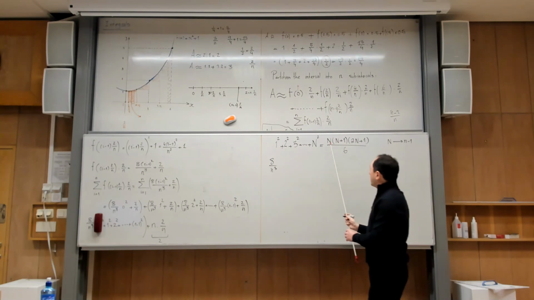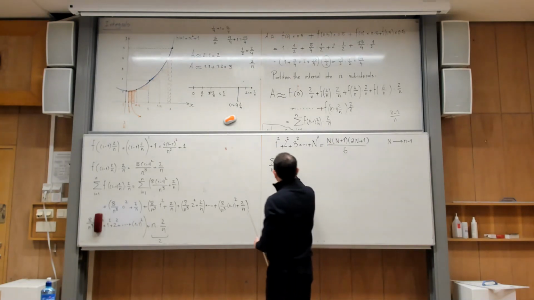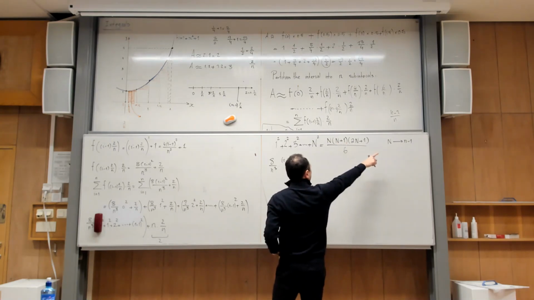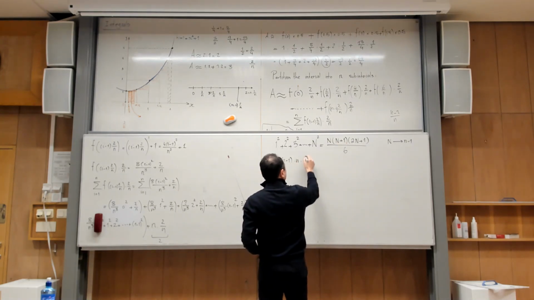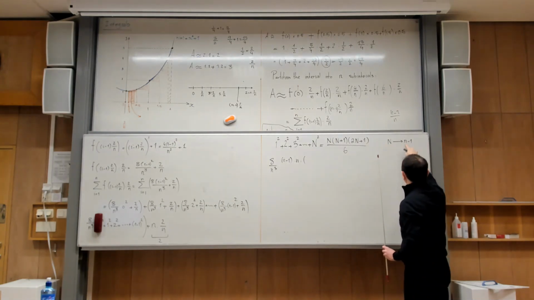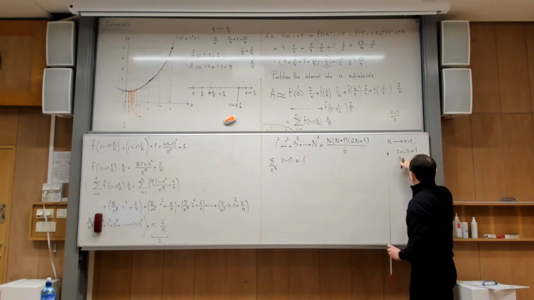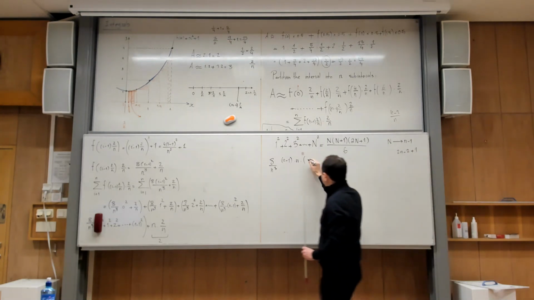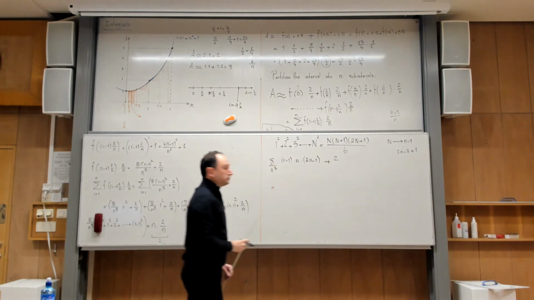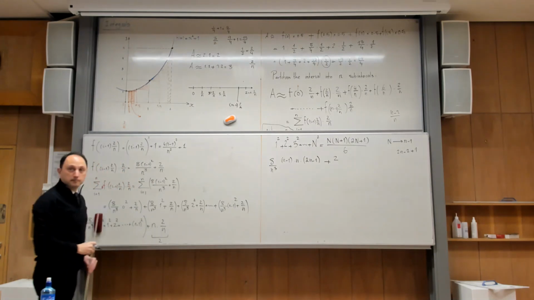If I do that, the first one becomes n minus 1. The second one, n plus 1, becomes n. And the next one, 2 times this number plus 1: if I multiply this by 2 and then add 1 to it, it becomes 2n minus 1. And then I have a 6 at the end. Is that right or not?